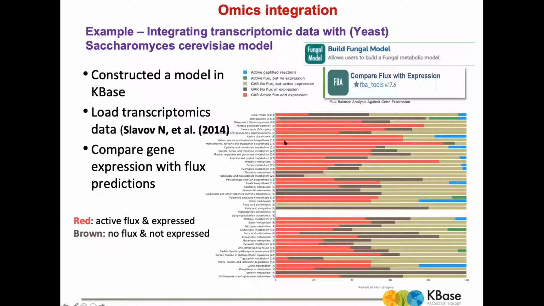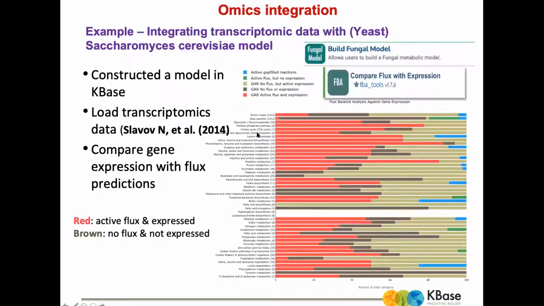What you see here is that red is active flux and active expression, and brown is no flux and no expression, showing how a model agrees or disagrees with the expression levels.